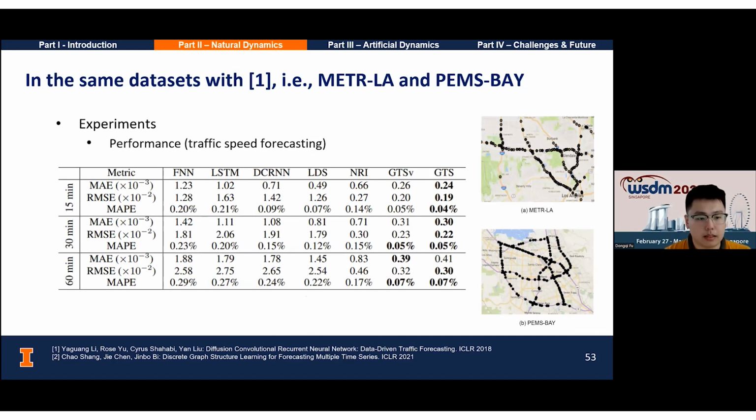Comparing with the DCRN, the GTS achieves slightly better performance, which means that learning the adjacency matrix is more helpful than setting it ahead of the learning process.